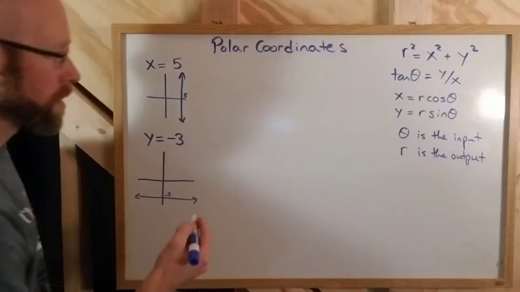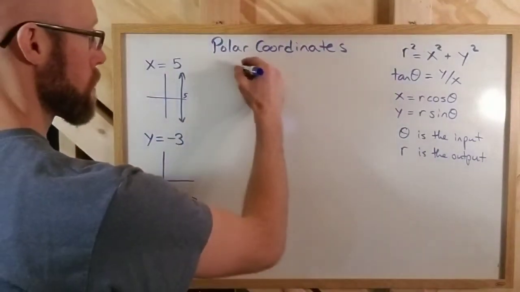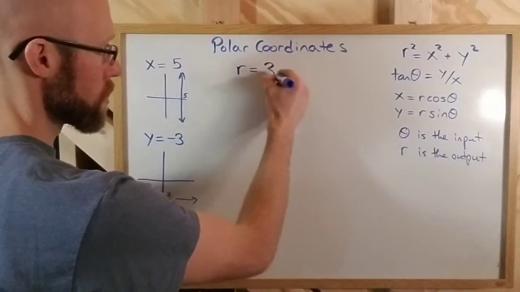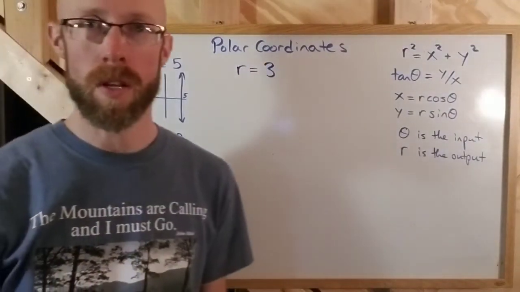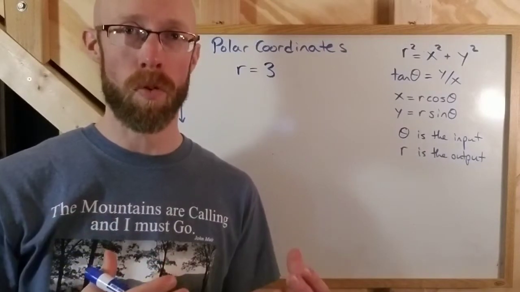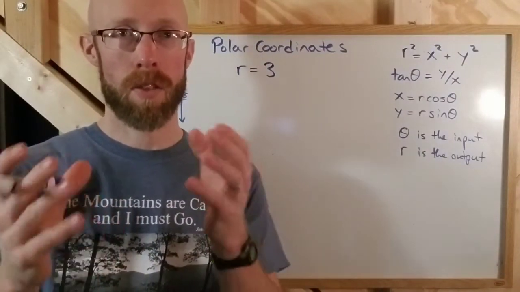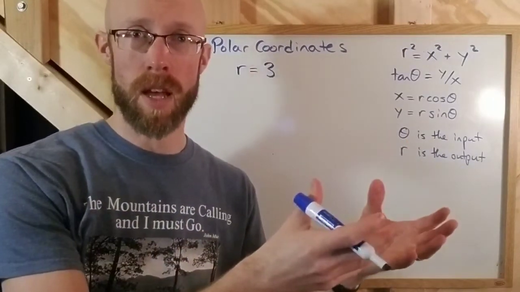So if you relate that to a constant r value, let's say r equals 3, you're looking for all polar points with a radius of 3, which would be 3 comma some theta.